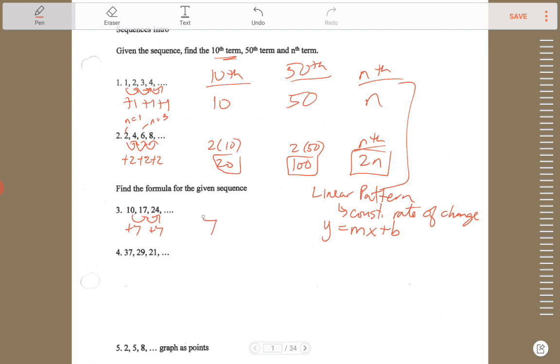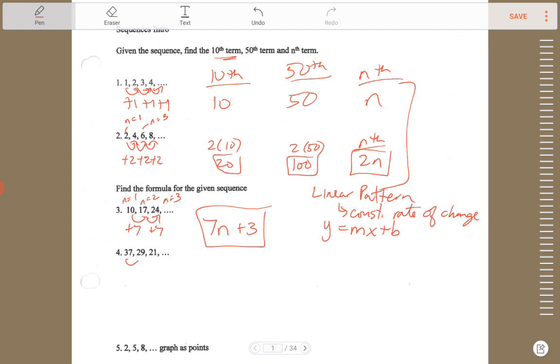So it's 7 times the term number, let's call it n. It needs to work for the first term, so we want the value of 10. 7 times 1 is 7, and then plus 3 gives you 10. 7 times 2 is 14, plus 3 gives you 17. So our pattern is 7n plus 3.